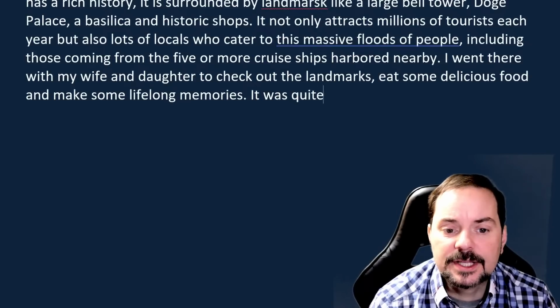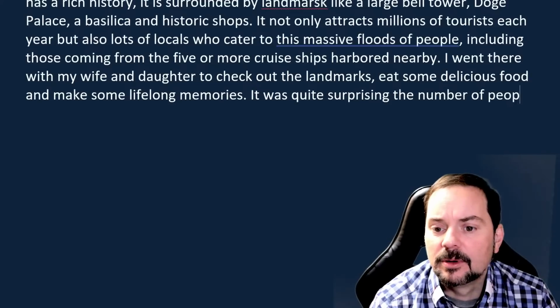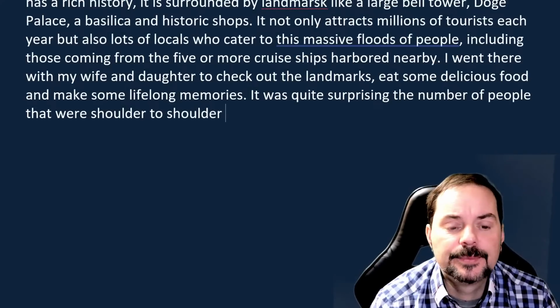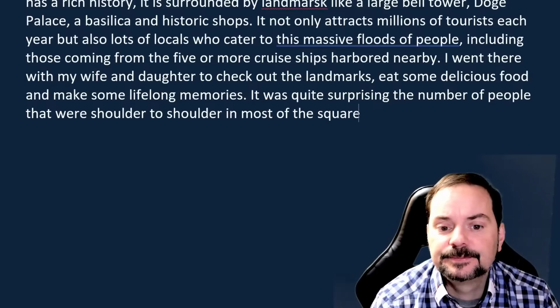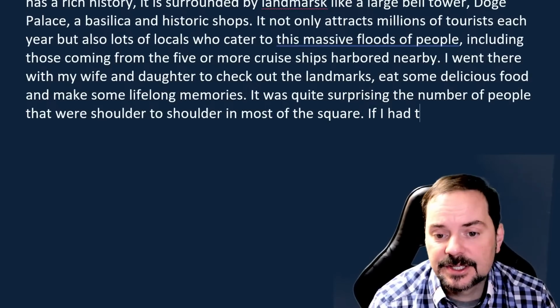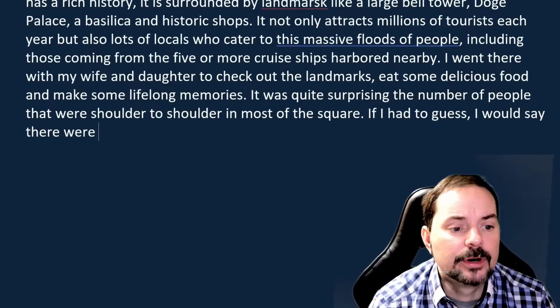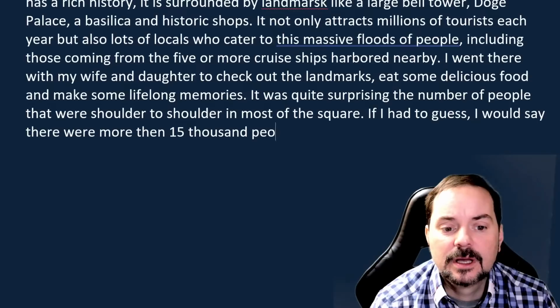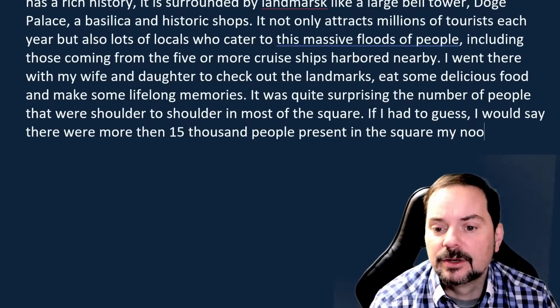It was quite surprising the number of people that were shoulder to shoulder in most of the square. If I had to guess, I would say there were more than 15,000 people present in the square by noon.